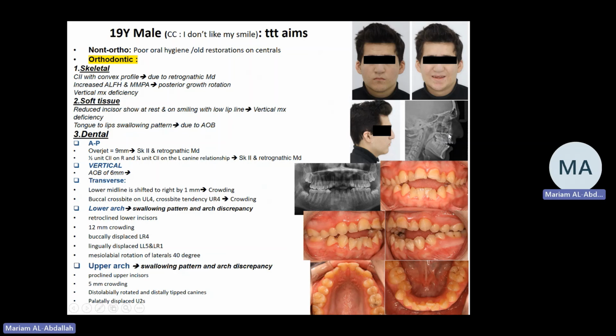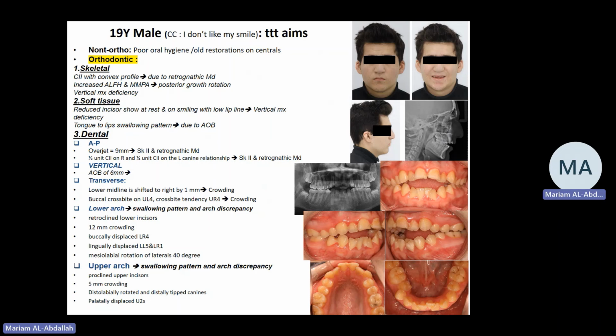So as if the upper incisors are being retroclined and being brought downward. So this will correct my overjet and my overbite and the incisal show at rest and the vertical deficiency of the maxilla. Okay, so we are aiming for clockwise rotation of the maxilla and a mandibular advancement by sagittal split osteotomy.